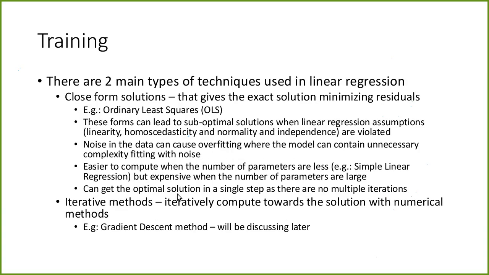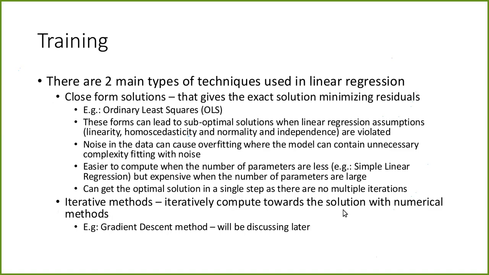So what I have to do again and again is, I am talking about the iterative methods, right? There are two types of techniques used for linear regression. One is the closed form solution, and one is the iterative techniques. In the iterative techniques, you have to calculate values again and again, iteration by iteration, so that it would go to an optimum value.